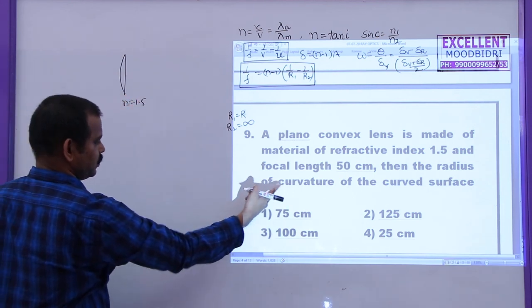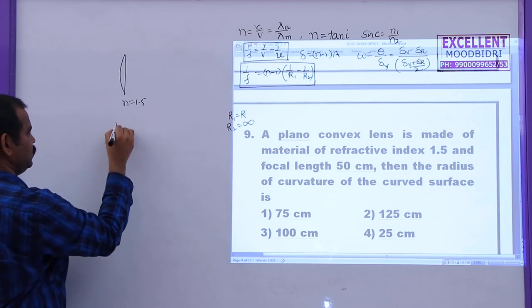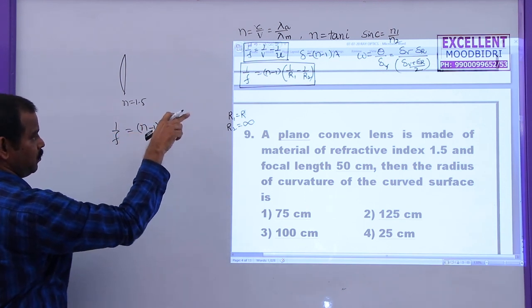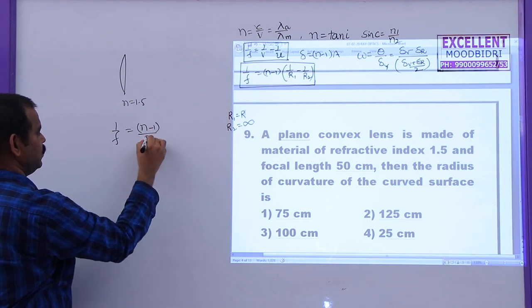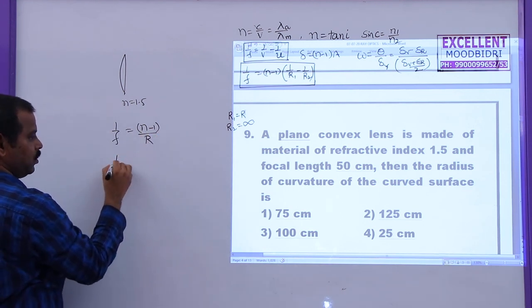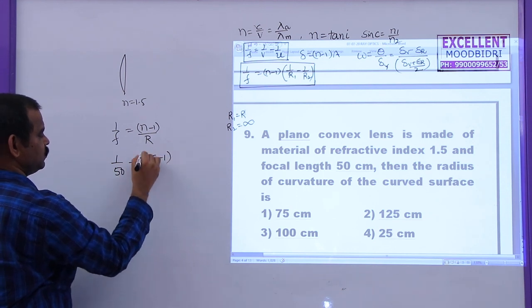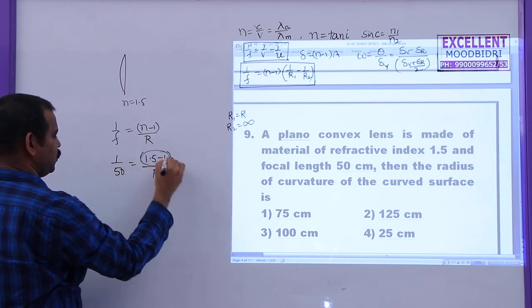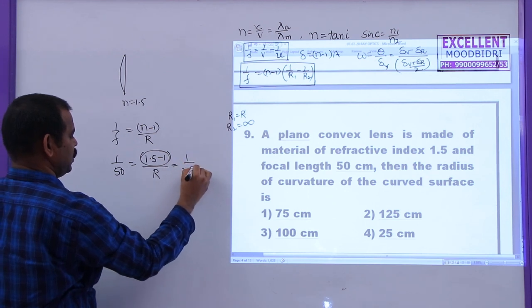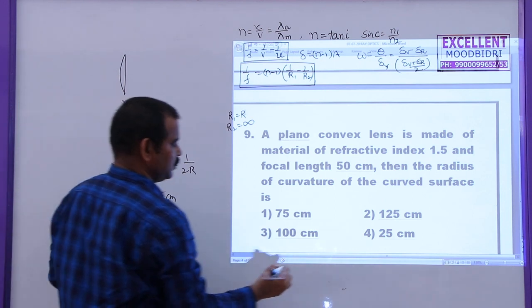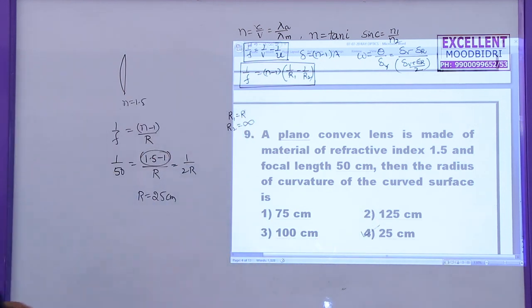They are asking to find out the radius of curvature, and focal length is given. 1 by f is equal to (n minus 1) by r minus 0. So, this will be directly this. The focal length of this one is 50 centimeters. n is equal to 1.5, minus 1, by r. This is 0.5, that is 1 by 2r. So r is equal to 25 centimeters. So radius of curvature is 25 centimeters.